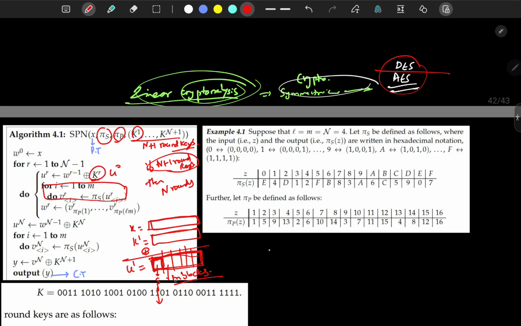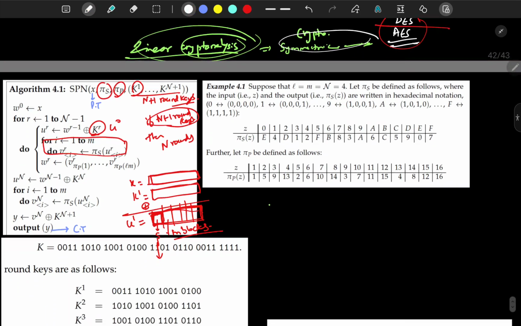After applying the s function on all these blocks, what will you get? I will tell you what the s function is, don't worry. We will get something like this.